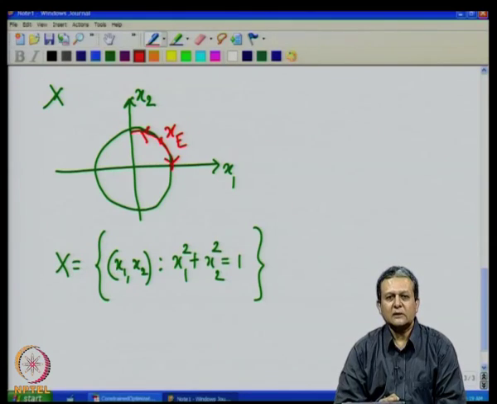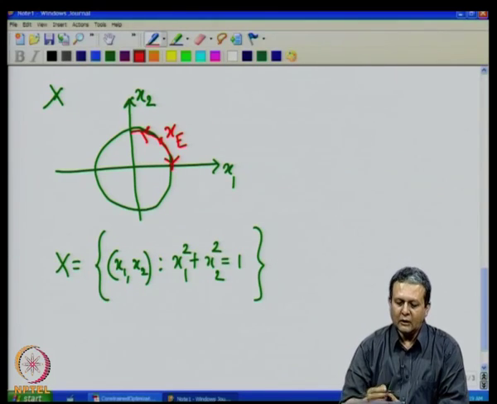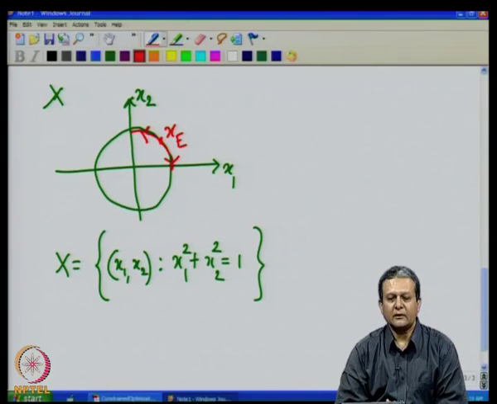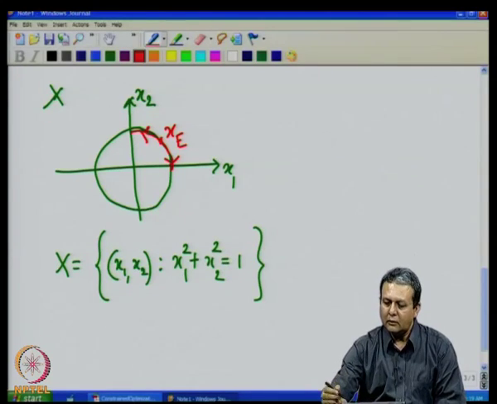What we are interested in is getting the straight line directions d such that x plus alpha d belongs to the set X for sufficiently small positive alpha. So, we will not be interested in directions like this.